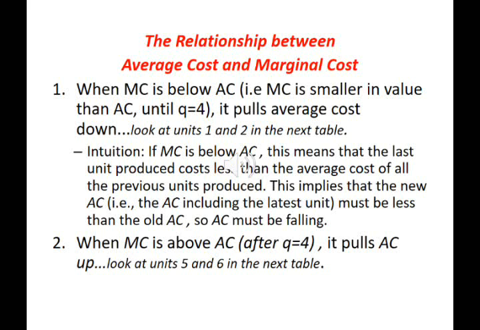This implies that the new average cost, which is the average cost after including this latest unit produced, must definitely be less than the old average cost, which means that the average cost curve will be a falling curve. It will be pulled downward, I mean as if I am pulling it down, so it will be a falling curve.